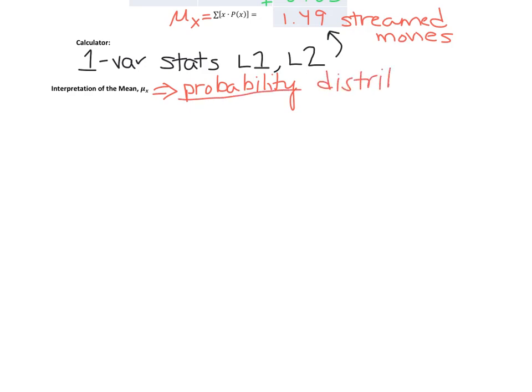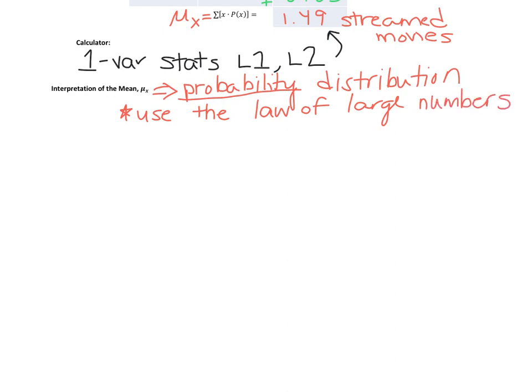So we're going to interpret it the same way we interpret probabilities.